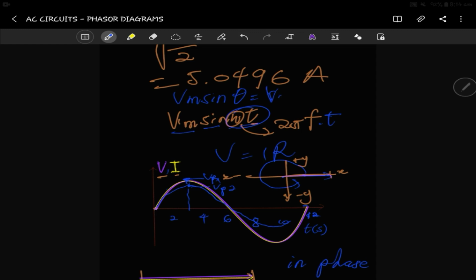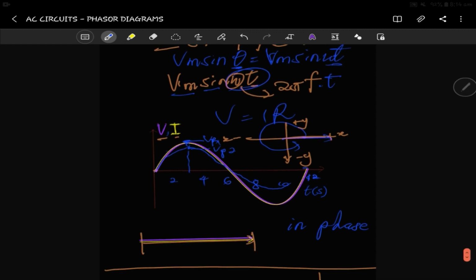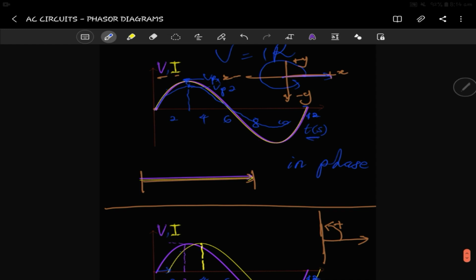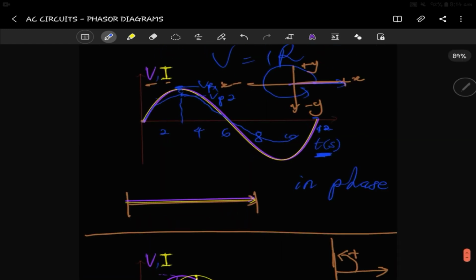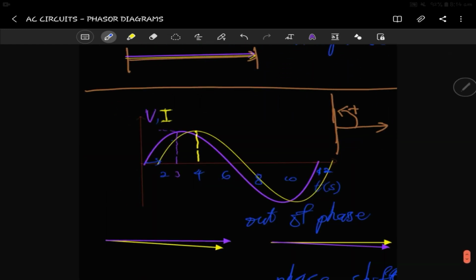So Vm sine Wt. If you don't see time and you see this, that's why. When we start here, we said they don't occur at the same time. Because at times we use theta, we say there's a phase angle, or there's a phase shift. So it's not always that you can see this in time, it could be in theta.